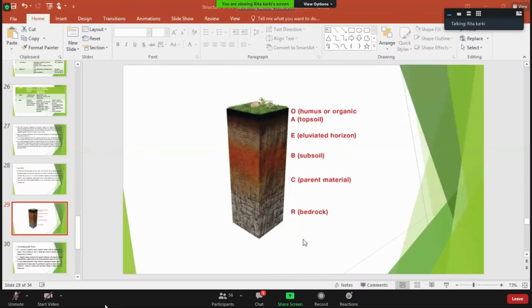This is the basic soil present in the soil. When we dig downward, this is the basic layer. We can find the fresh plants, the twigs of the plants. Below that layer, we can find the organic material.